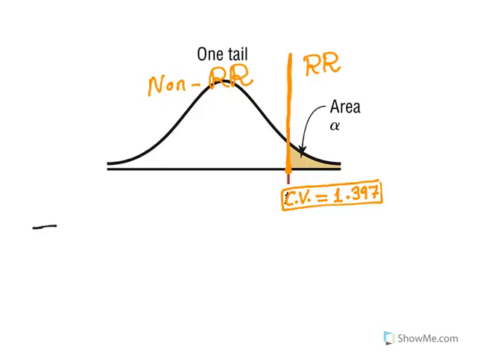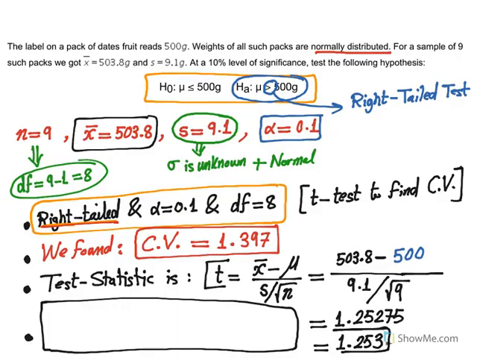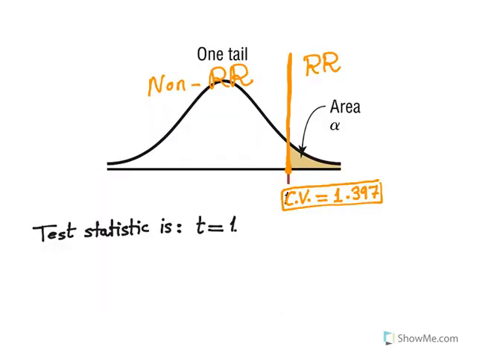And remember the test statistic, we need to find where it is in the graph. The test statistic is the one we just found, t equals, let me look it up again, it's here, 1.253.